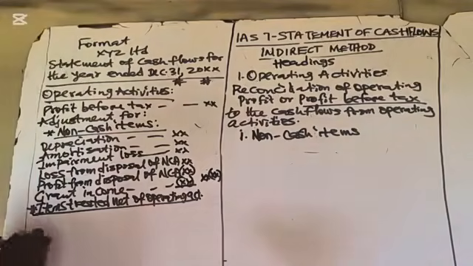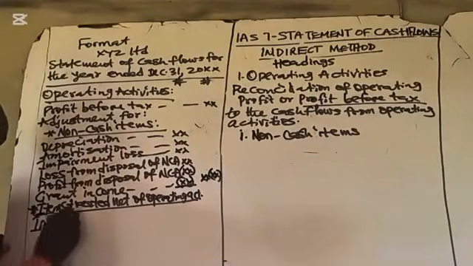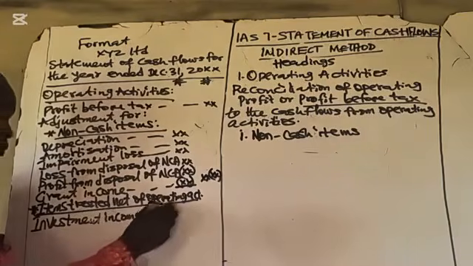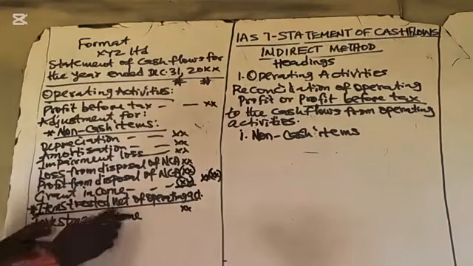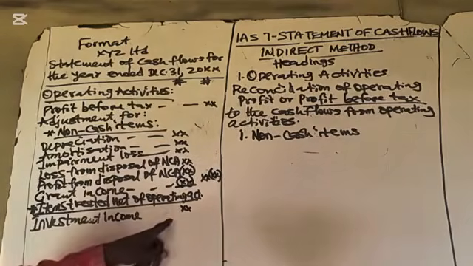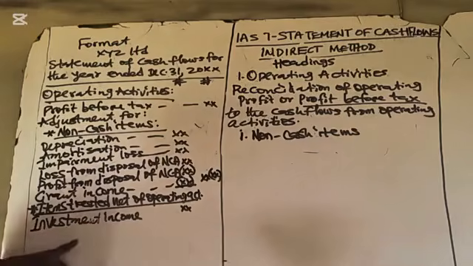Take for instance, investment income. Investment income will be used to calculate the dividend received. And this dividend will have formed part of the investing activities.